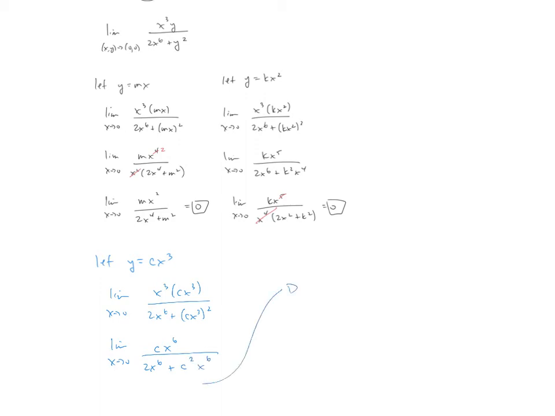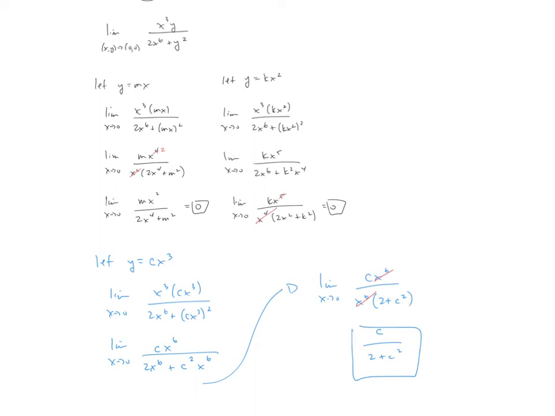Now, limit as x approaches 0, we take out an x to the 6th, and we're left with 2 plus c squared, and when these x to the 6th divide off, what you're going to end up with is c over 2 plus c squared, which is actually now enough to say that the original limit does not exist.